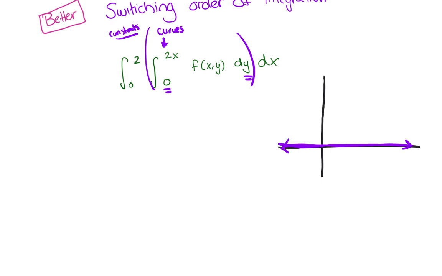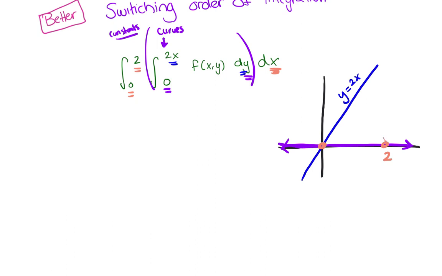And then I'm going to go to the curve y equals 2x. So this is my curve y equals 2x. Lines are special cases of curves. And then I'm going to think constants here. x equals 0 and x equals 2. So I'm going to fill those in just as points.